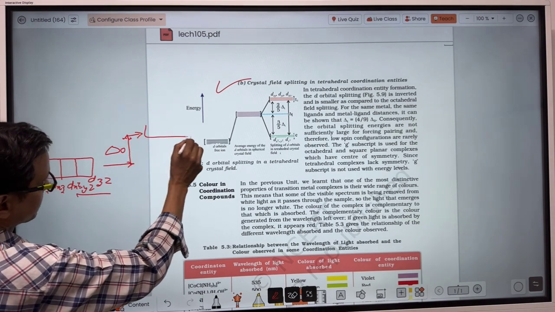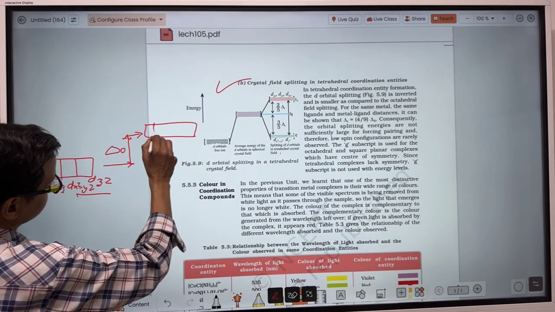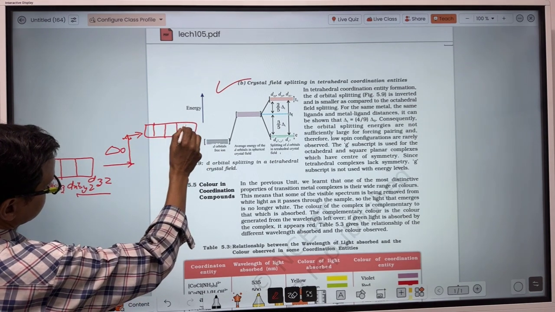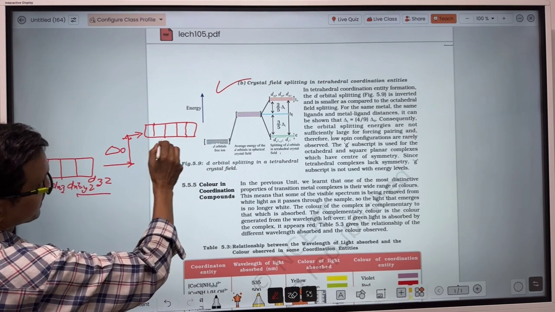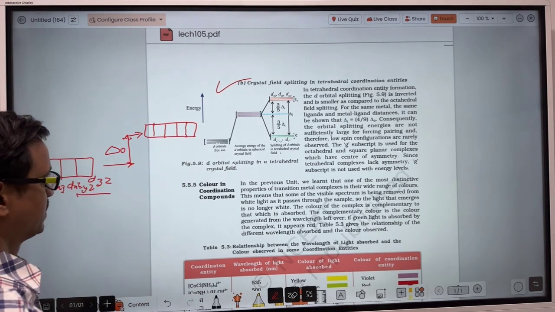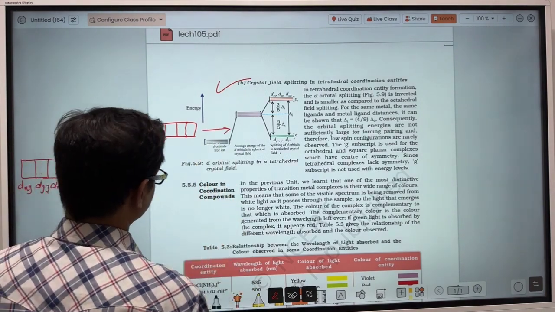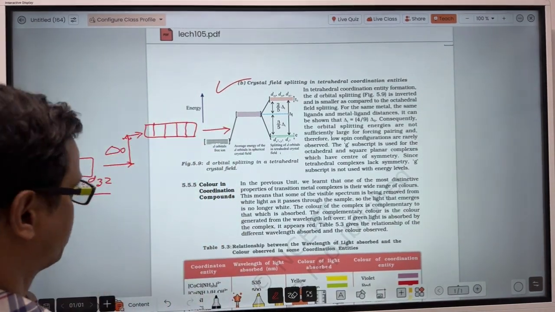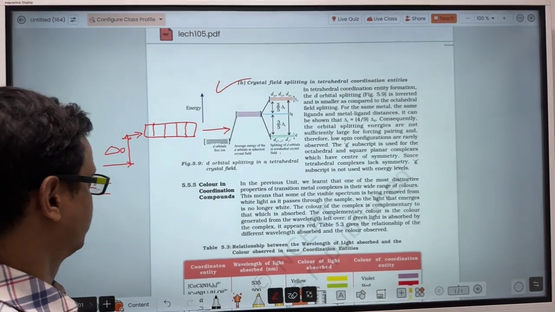So the energy of these orbitals will increase firstly. Same for dxy, dyz, dxz, if you would like to write, then you write by yourself. But the degeneracy of these orbitals does not maintain for a longer period.